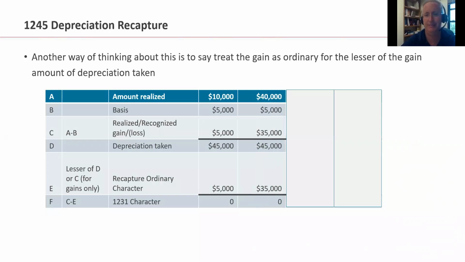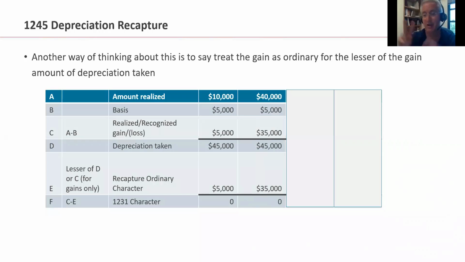Let's do another example. Let's presume that instead Lola sells that asset for $40,000. So her basis is still $5,000. Okay, so if we're going to go with this, in air quotes, over-depreciated perspective, she way over-depreciated this asset, right? Instead of taking $45,000, she should have only taken $10,000 worth of depreciation.